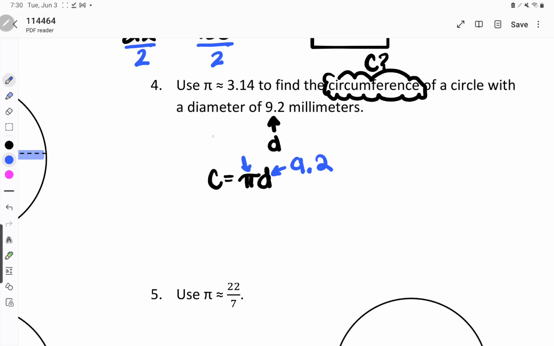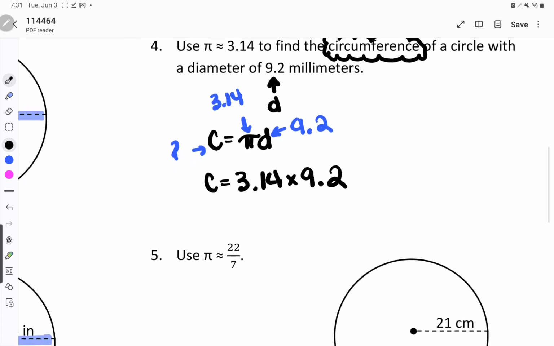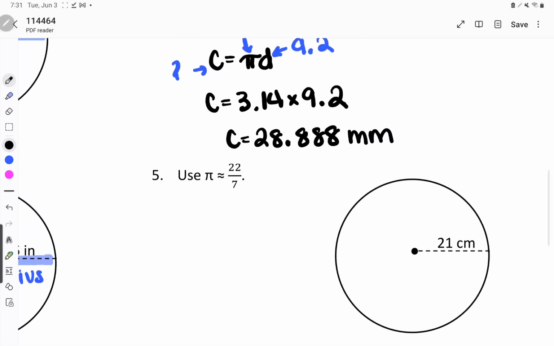For pi, I'm going to put 3.14, and then I don't know what C is. So therefore, I have C equals 3.14 times 9.2. And that's going to give me 28.888 millimeters.